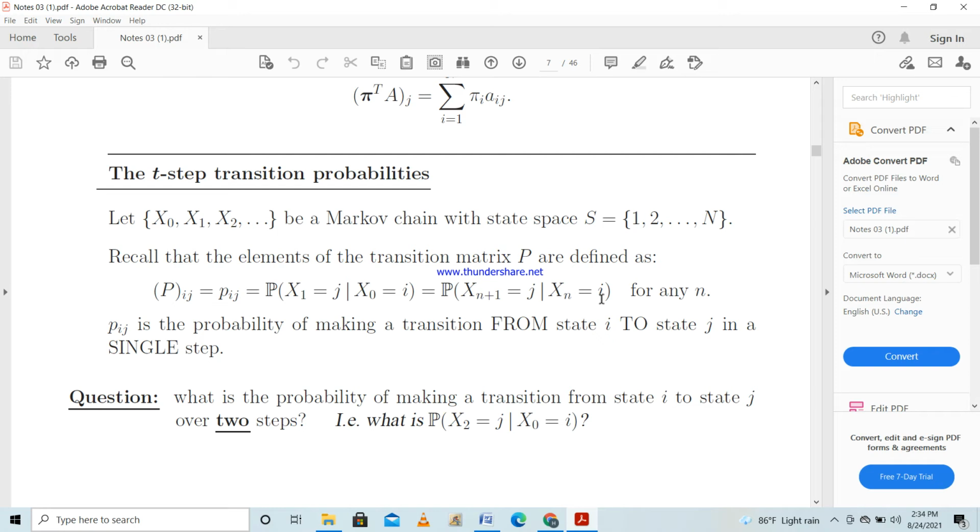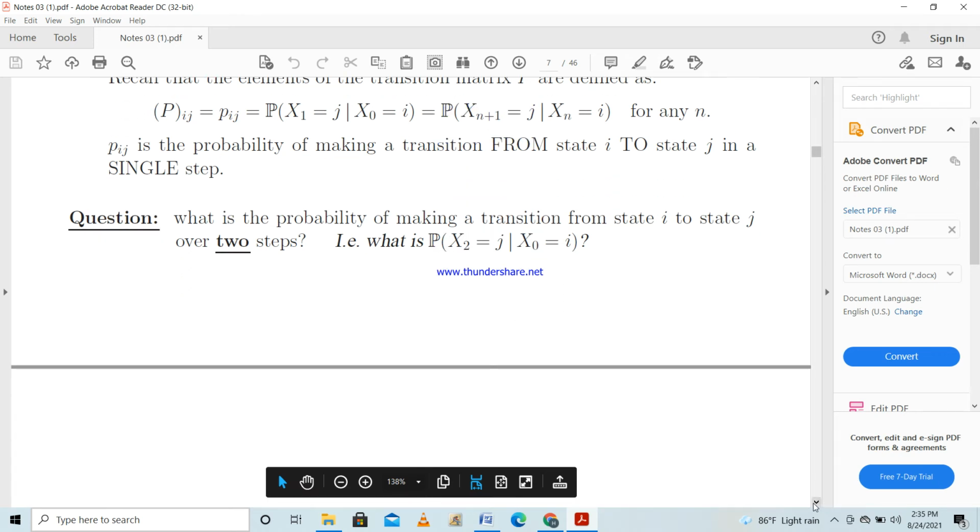So in 2 steps we come to state j. So that is the probability that when time equals 2, x2 is j, given that when time equals 0, x0 is i. Here we have used 2 steps, but in the earlier situations we used only 1 step to reach j from i. So how are we going to find this probability? That is the question.